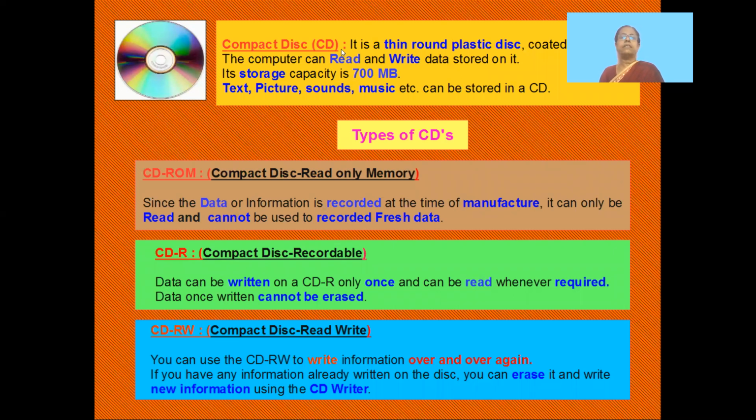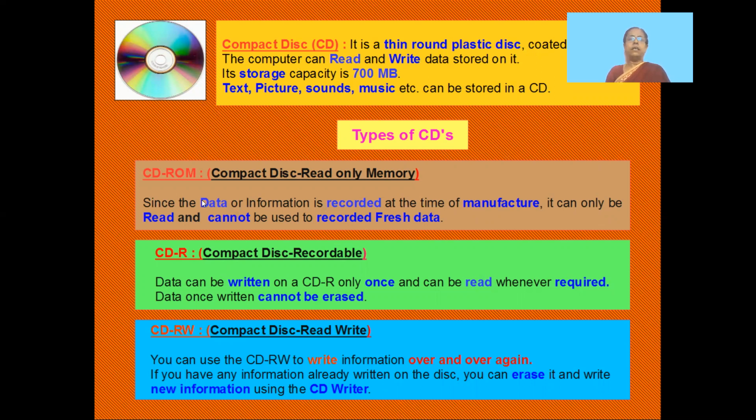In this CD, you can store pictures, text, sound, music. It's a thin round plastic disc. The same as the platter, it has tracks on it. It's the same read and write system.